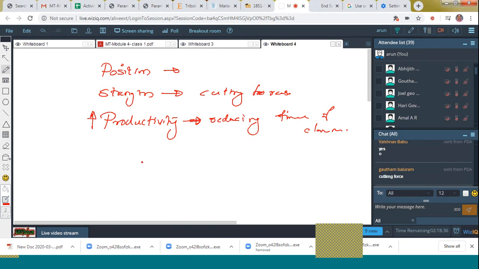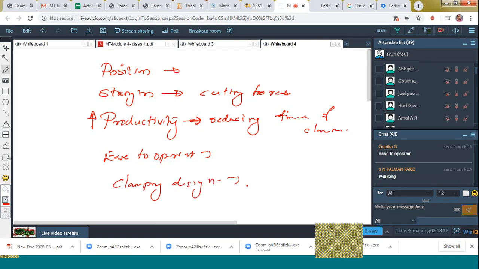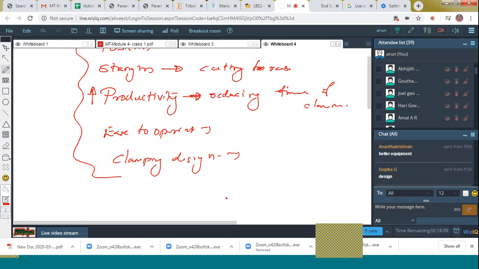Next is ease to the operator. Yes, very easy to dismantle and mount. Last one is clamping design. It should be in such a way that it should clamp more than one type of workpieces. Is it clear to all?